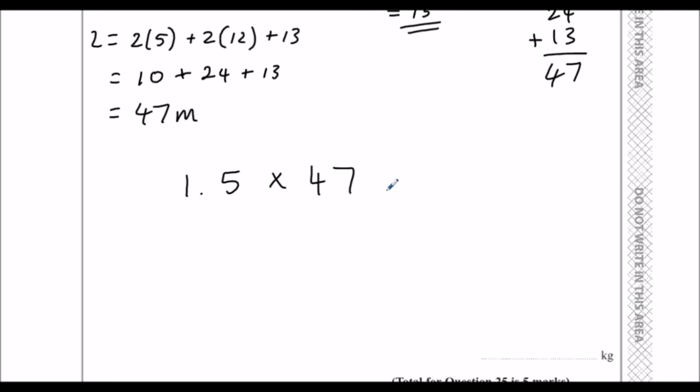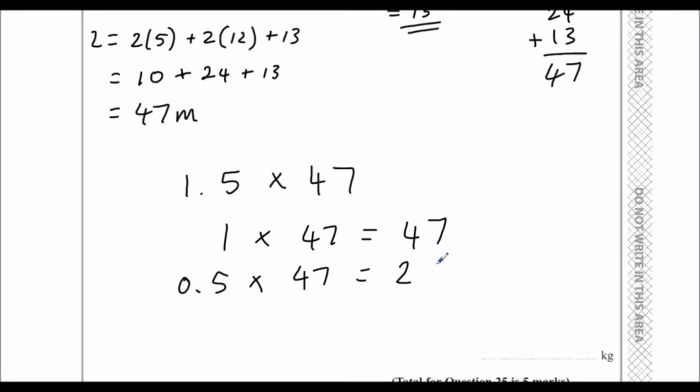So 1 times 47 is 47. Half times 47 is 23.5. So if we add these up, 47 plus 23, that's 70, plus the 0.5, 70.5.